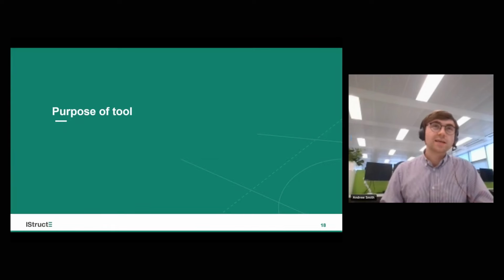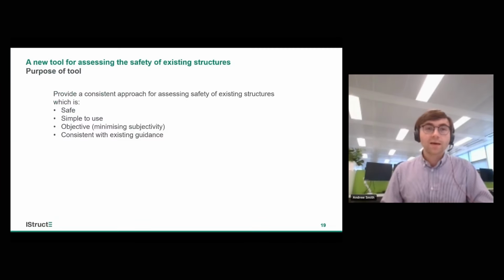So this brings us on to the overall purpose of the tool that we've been developing. These are the guiding principles that we've been using. The overall aim is to provide a consistent approach for assessing the safety of existing structures. And we want this method to be safe. Clearly, we don't want to end up with assessments which are unsafe. We also want it to be simple to use.